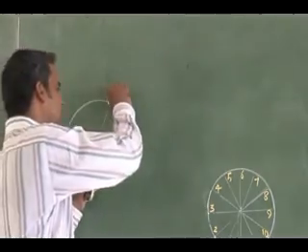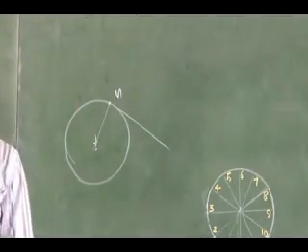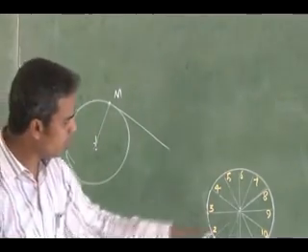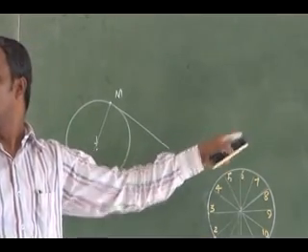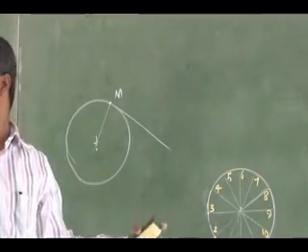That is nothing but my tangent. Similarly I have 12 lines going through the center, so I can conveniently draw tangents to them.